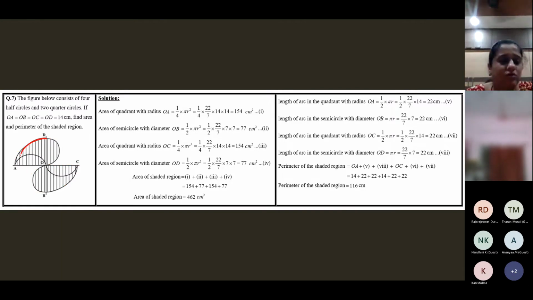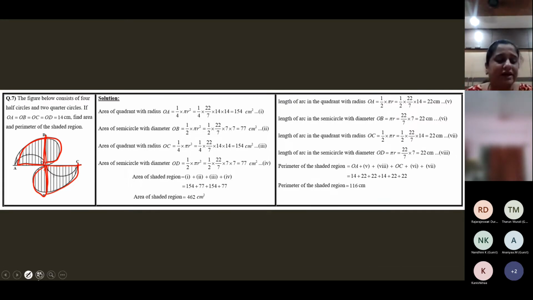See, there's one quadrant here and another quadrant here. So find the area of these two quadrants and the area of the two semicircles. So the area of two quadrants plus the area of two semicircles will be the area of the shaded region.